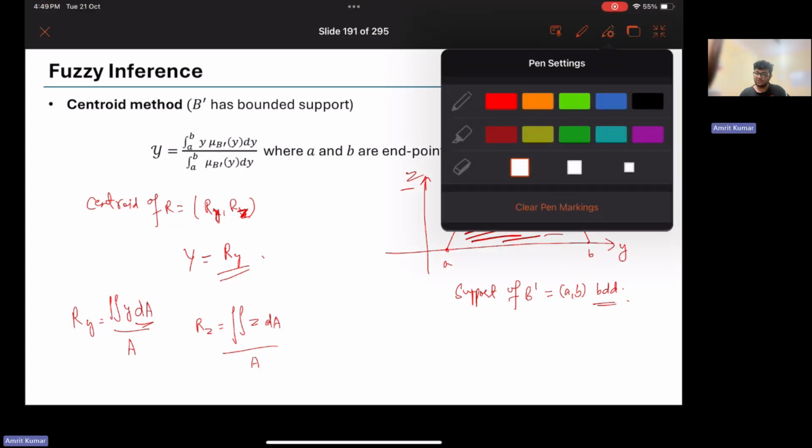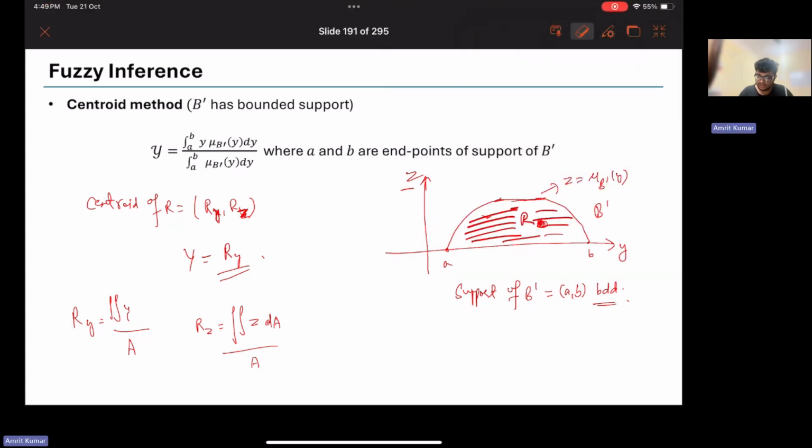And if you don't want to get into all these specifics, you can write the straightforward formula.